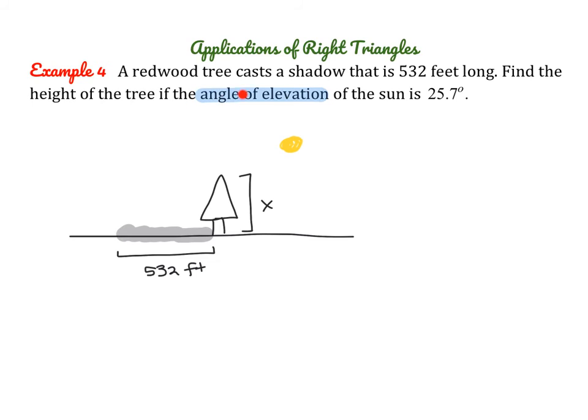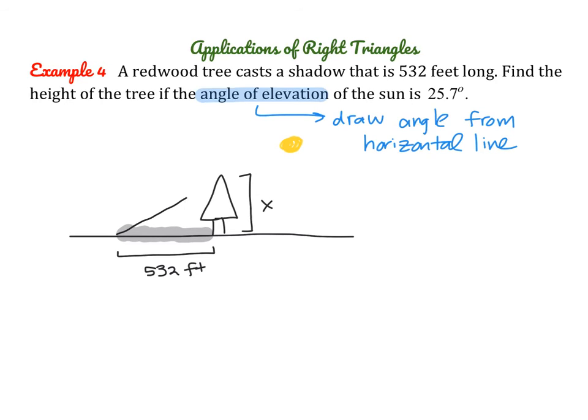So anytime you see the words angle of elevation or angle of depression, you need to always draw the angle from a horizontal line. Here we're just going to assume that the ground is horizontal, and then I'm going to draw my angle like this.